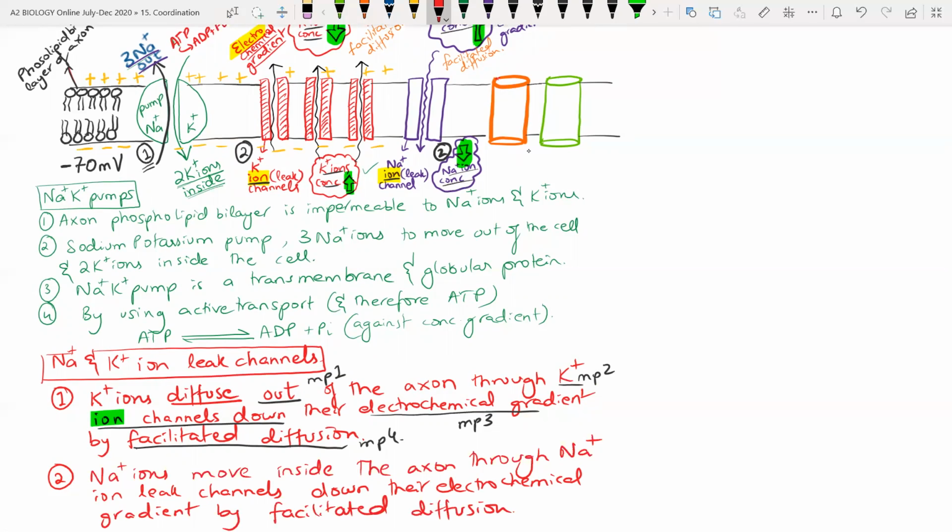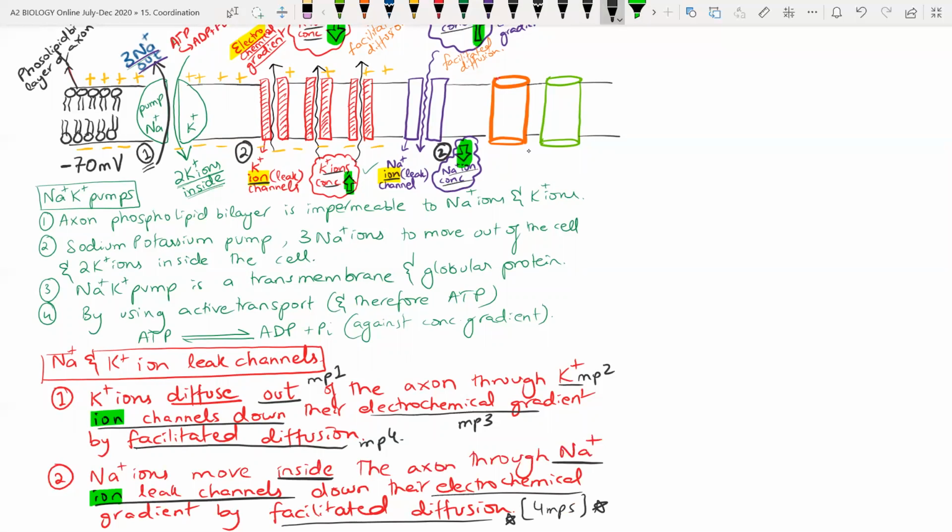Again, the same key points: move inside through the sodium ion leak channels. Again, I'm going to highlight the word ion channel. This has to be there. Down their electrochemical gradient by facilitated diffusion. Again, 4 marking points. Remember this.